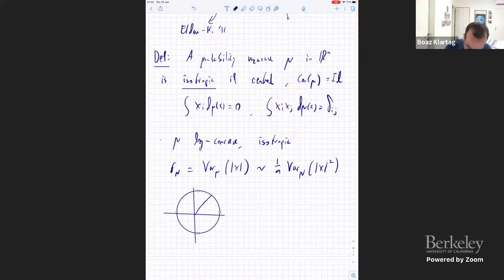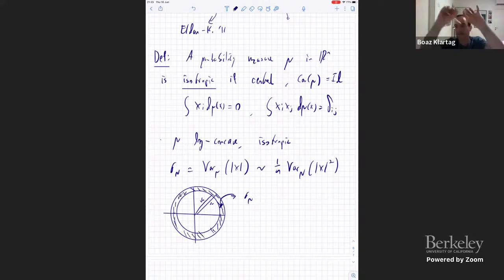And what the thin shell conjecture suggests is that there are two concentric Euclidean balls, both of radius roughly root of n, and the distance between them is sigma of mu, and most of the mass of this distribution lies in this thin spherical shell between two concentric spheres, and the difference of radii is sigma of mu.